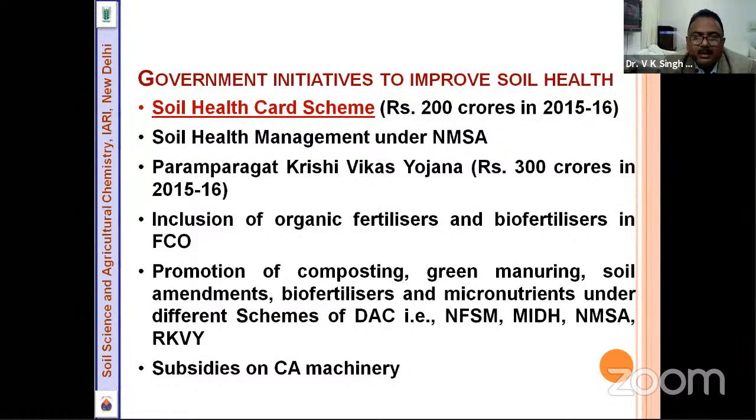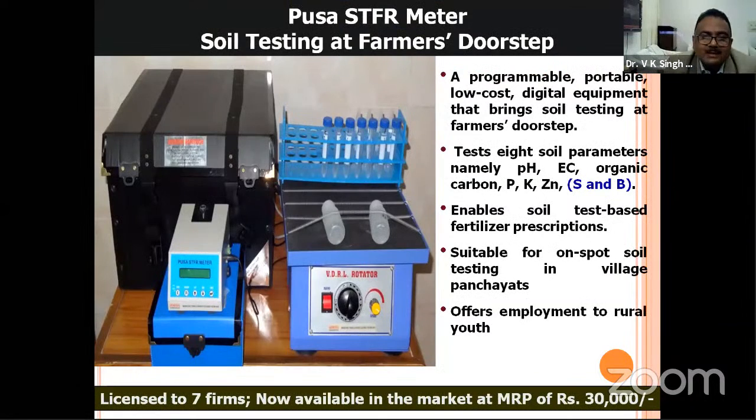And in the last, I wanted to put, there is one machine called PUSA STFR, soil testing fertilizer recommendation machine. Any graduate or simply a 12th pass science student or agriculture student can use it. It costs 80,000 rupees. They can get trained within 1 or 2 days.